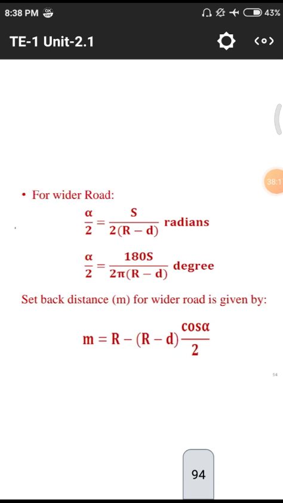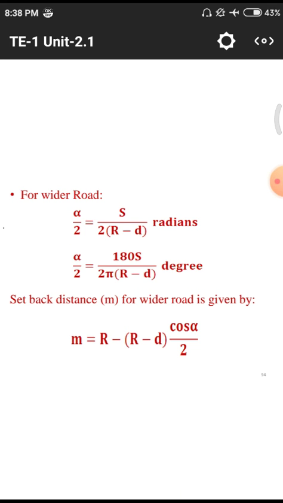Next, for a wider road, alpha by 2 equal to s by 2 of r minus d in radians. In terms of degrees we multiply by 180 by pi, converting radians into degrees. In terms of meters we have the formula m equal to r minus d into cos alpha by 2.